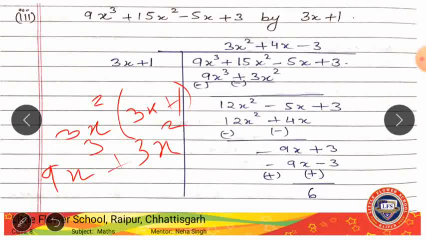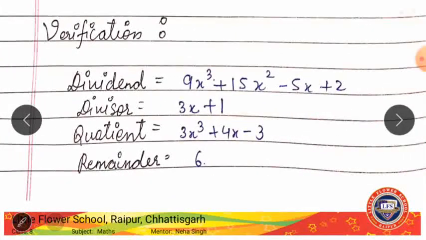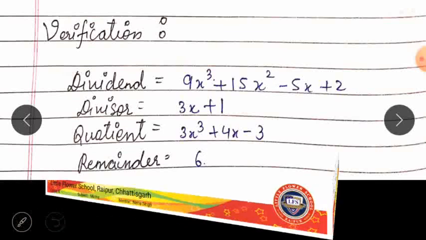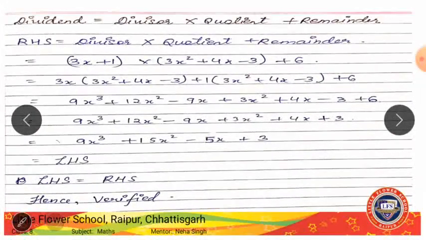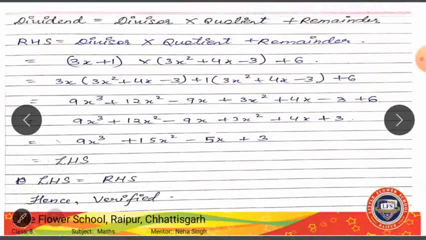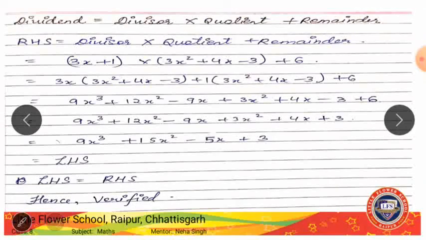Then the steps will be repeated. After that, the verification part: you write the dividend, divisor, quotient and remainder. Then you solve using the division algorithm, right? LHS will be equal to RHS, so you can say that the division algorithm is now verified.